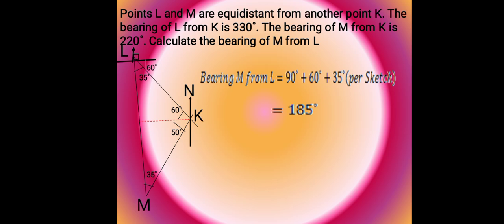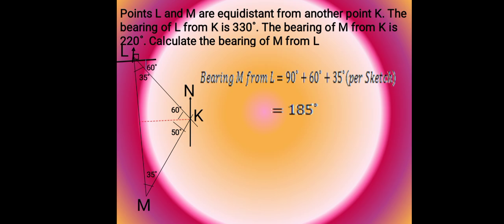That's L from K. L from K is 90 and 60, and then adding the 35 inside the triangle, and then we get the bearing is 185.